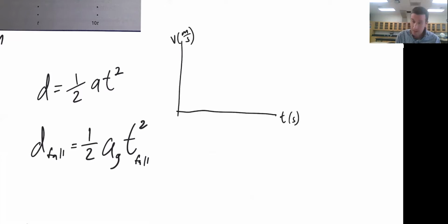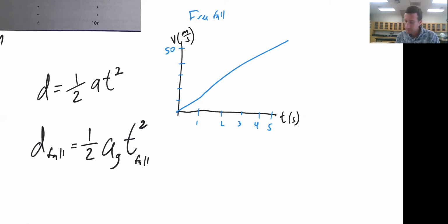And what I would see is for an object free falling, so these are all for free fall, the velocity versus time graph is going to be a straight line. So 1, 2, 3, 4, 5, 1, 2, 3, 4, 5, and 10, 20, 30, 40, 50.